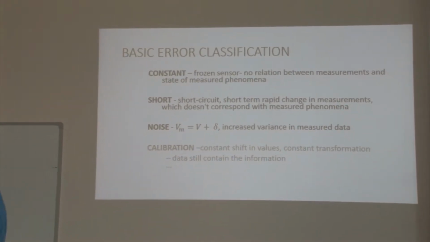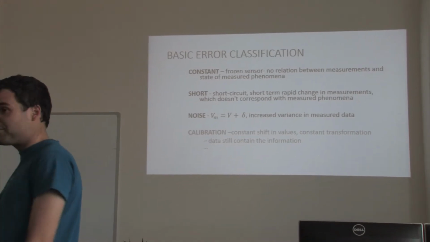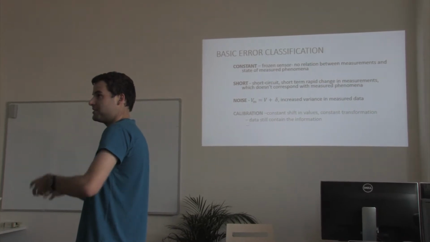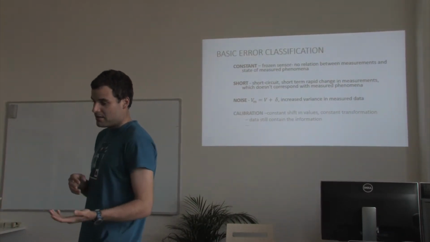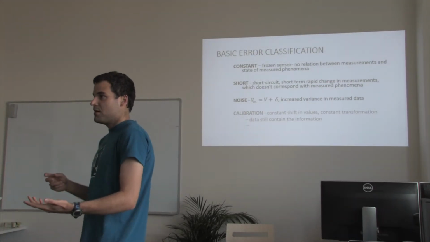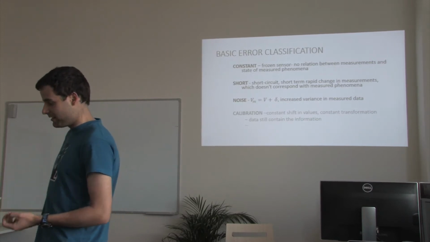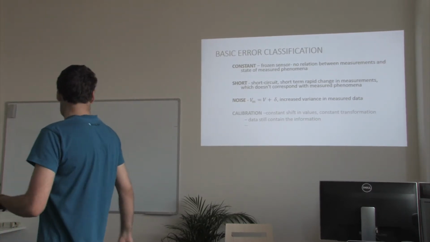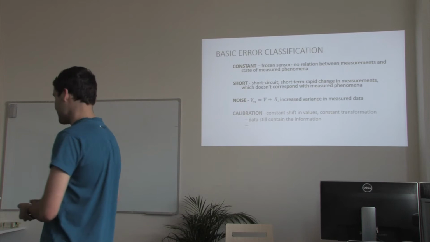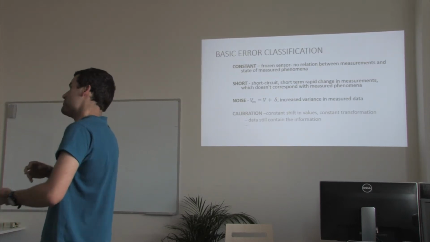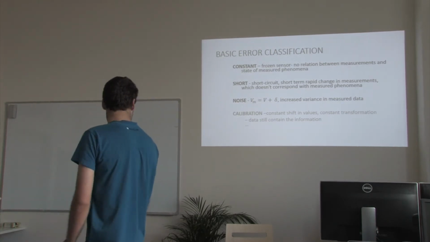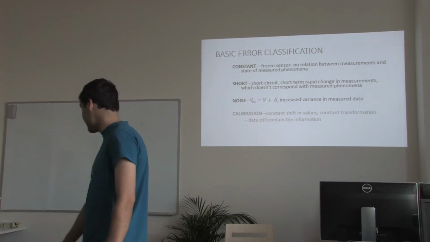And there are many other types of errors, like the calibration error, when, for example, you deploy a sensor, the initial conditions change in time, and then the sensor has, for example, offset or some kind of relation, or maybe cosine relation, doesn't have to be linear at all, but you can still get the data from such measurements, because there is a known, or not known, but constant in time relation between the real data and the measurements.